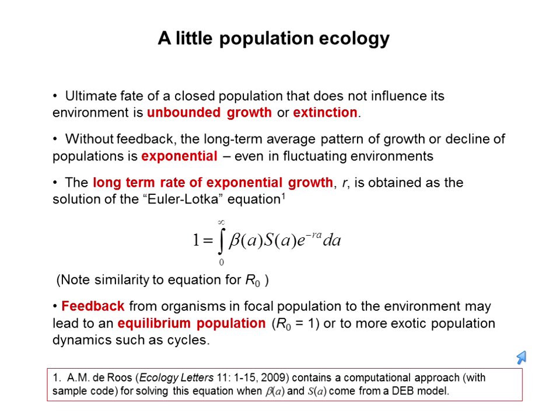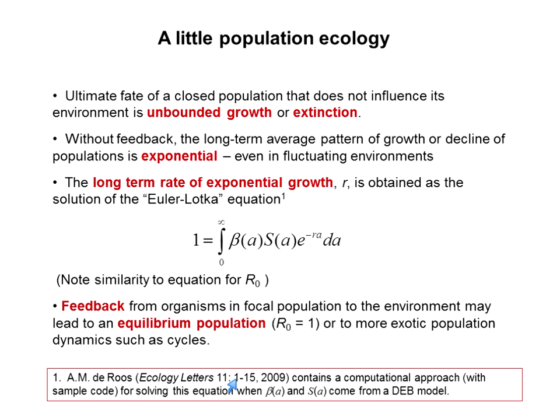I mentioned before the break that we could compute the quantities beta and S by solving the DEB model equations. If you want to do this and actually get the long-run growth rates or study equilibrium populations, there is some very convenient software in a paper published 4 years ago by André de Roos in Ecology Letters.